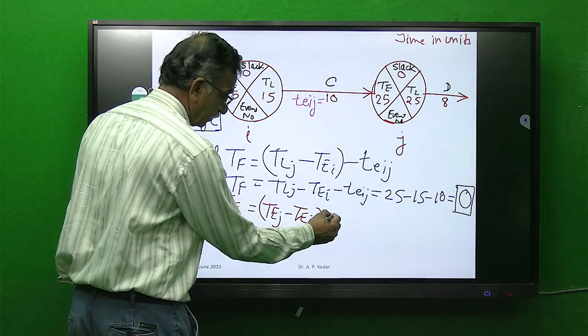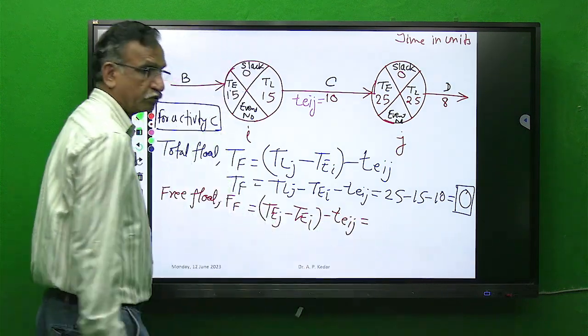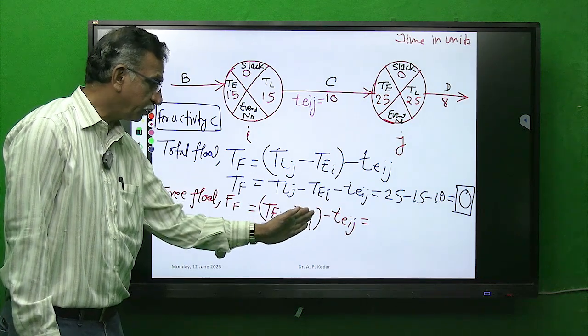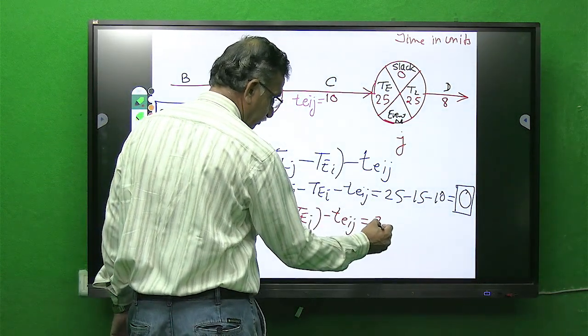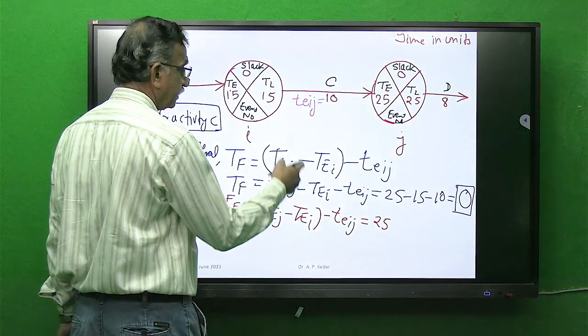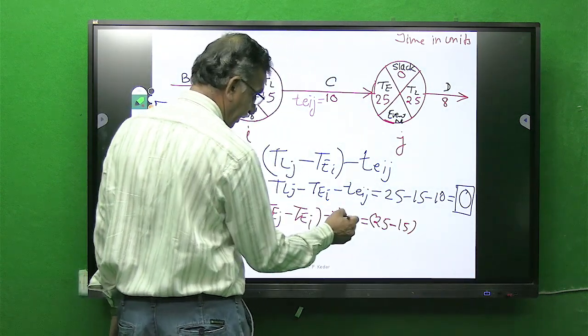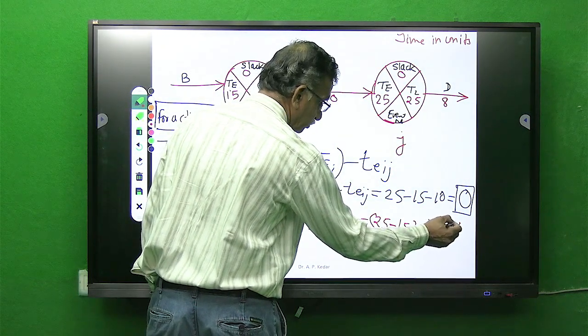Got it? Minus T E I J is equal to, I can again write minus. So if I did this, T E J is 25 minus 15 and minus T E I J is 10. So again it comes to be 0.